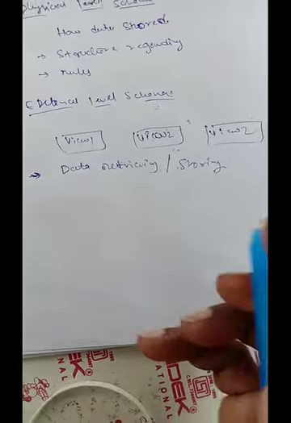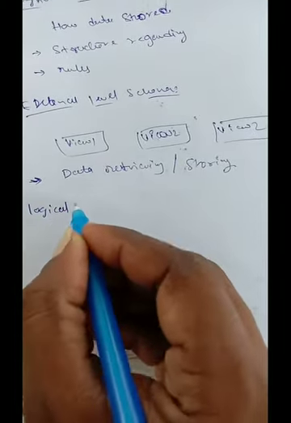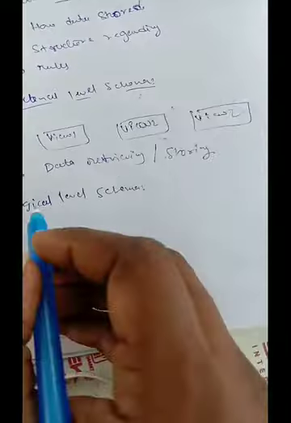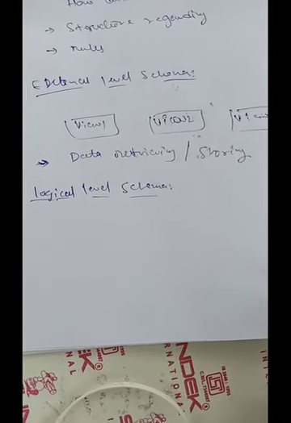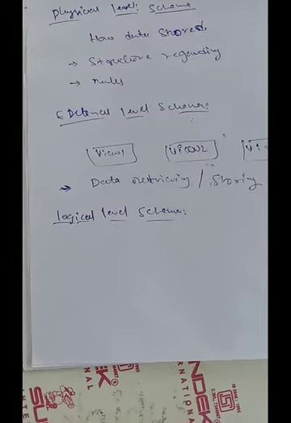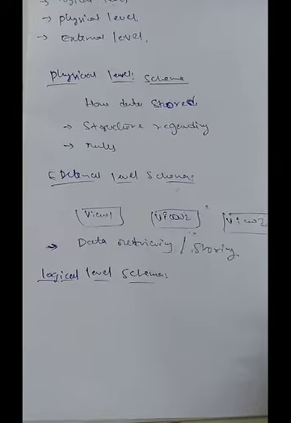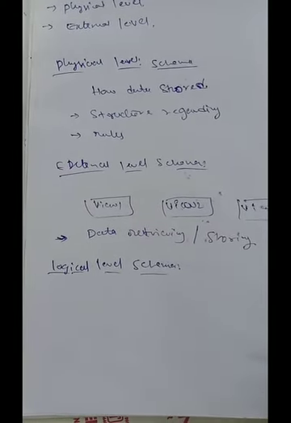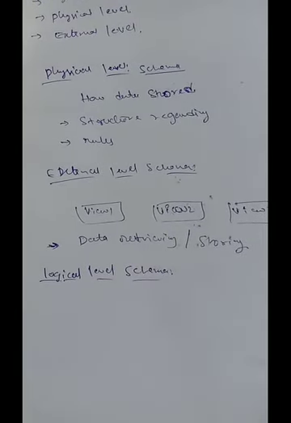But coming to the logical level schema, it is a complex level of schema, and one of the most complex levels in the database. Here it doesn't have any physical representation of the data.